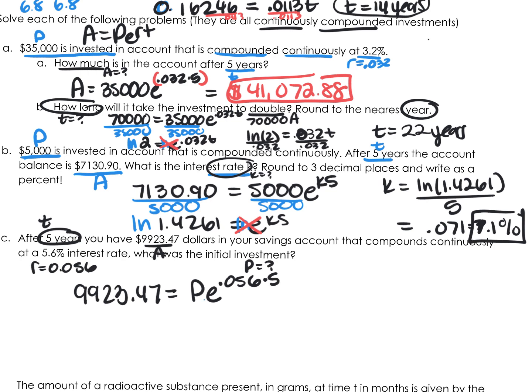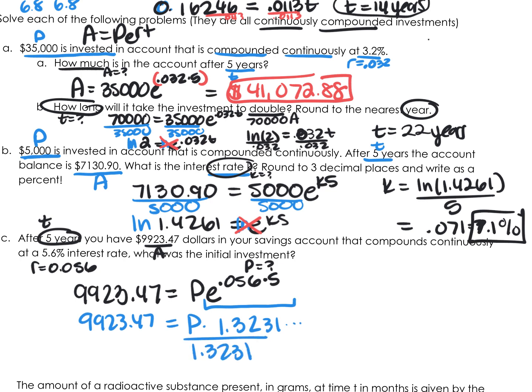And for this one, we can just type this into our calculator here. When we type that into our calculator, we'll get P times 1.3231. And then we'll divide by 1.3231.